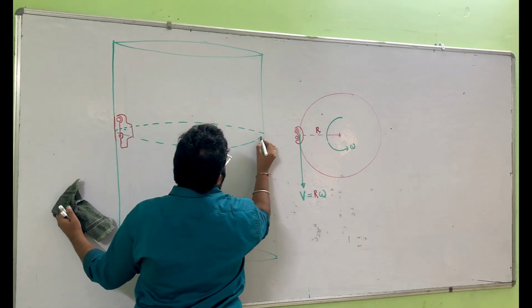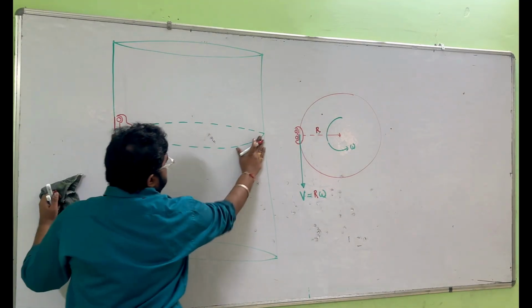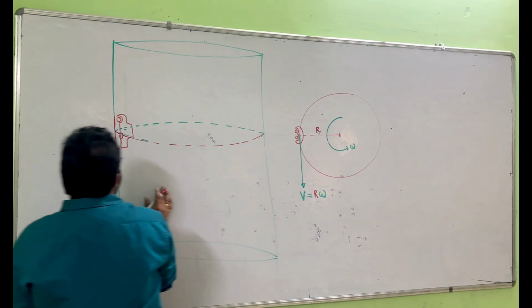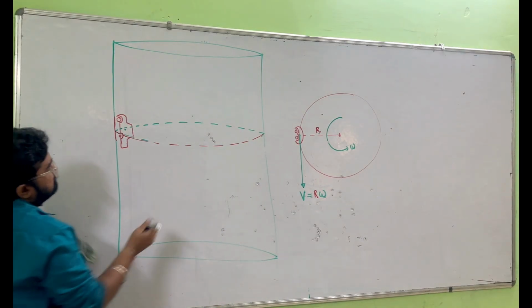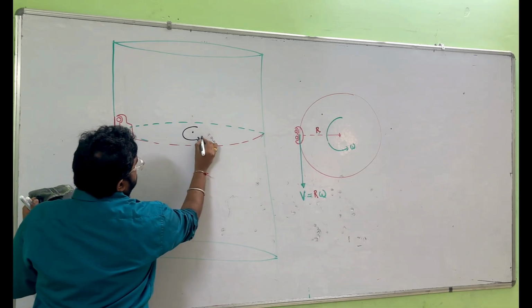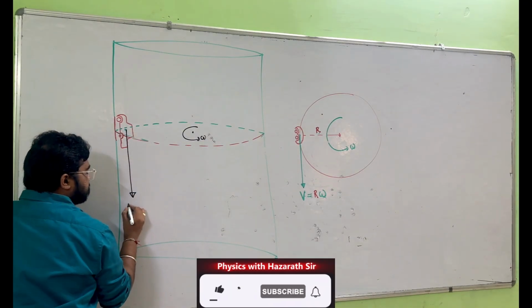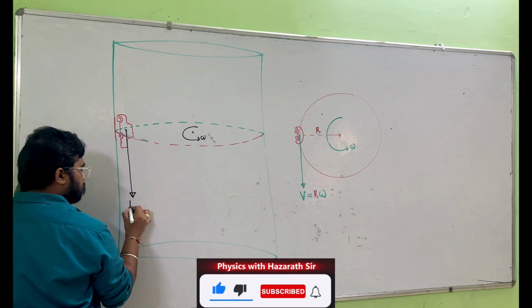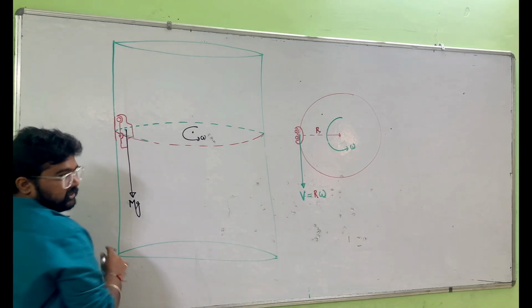Circular motion. Are you able to visualize this? So first thing is weight acting. Here he is able to rotate, weight acting vertically down direction, weight of the car, mg.